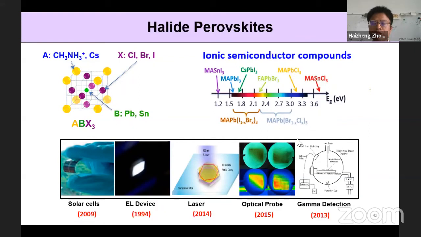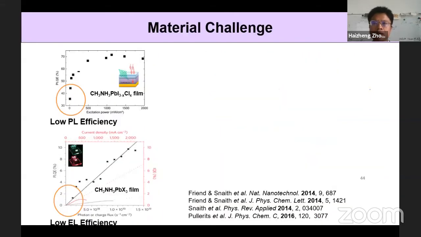So the exploration of perovskites as light emitters was originally investigated in 2004. However, the EL device could only work at very low temperature, such as 77 Kelvin. So when people revisited it in 2014, the problems were still there.